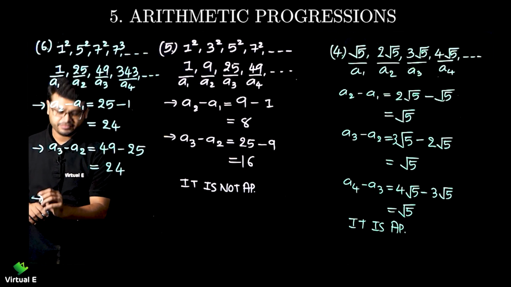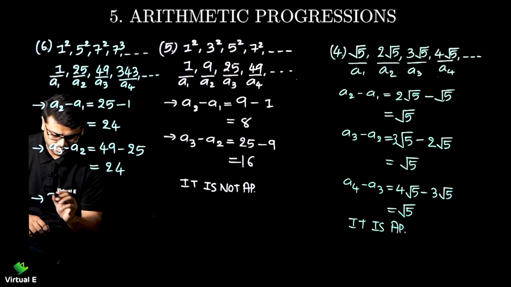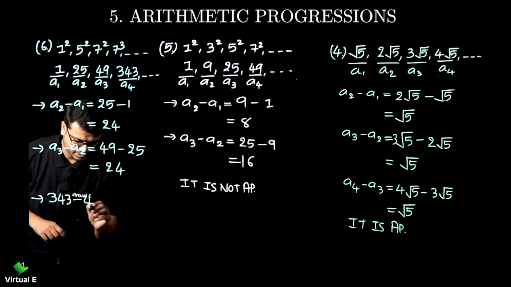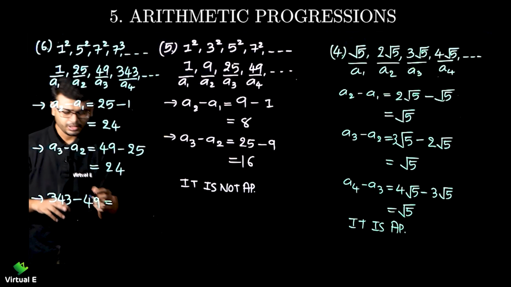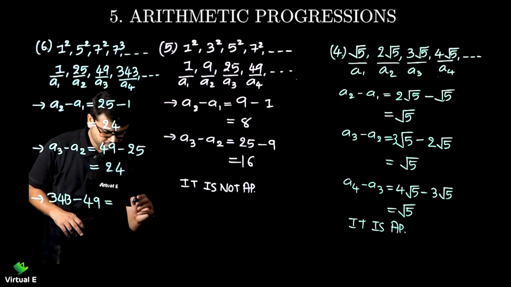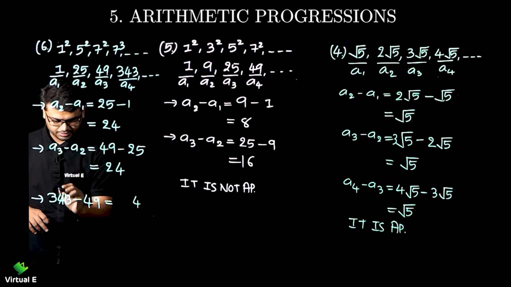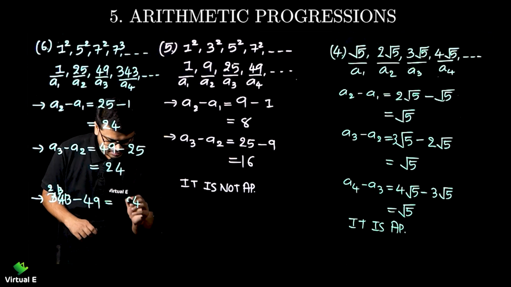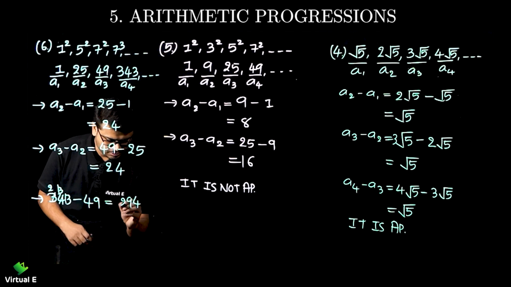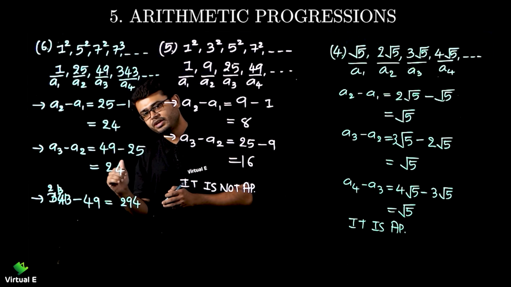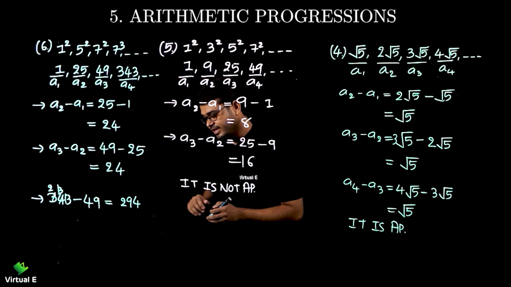Let's get the third difference, that is 343 minus 49. So here 13 minus 9 is what? 4 here and here 3, not possible, so 13 and 2. 13 minus 4 is what? 9 here and here 2, 294. So two differences are 24, 24, but the third is 294.